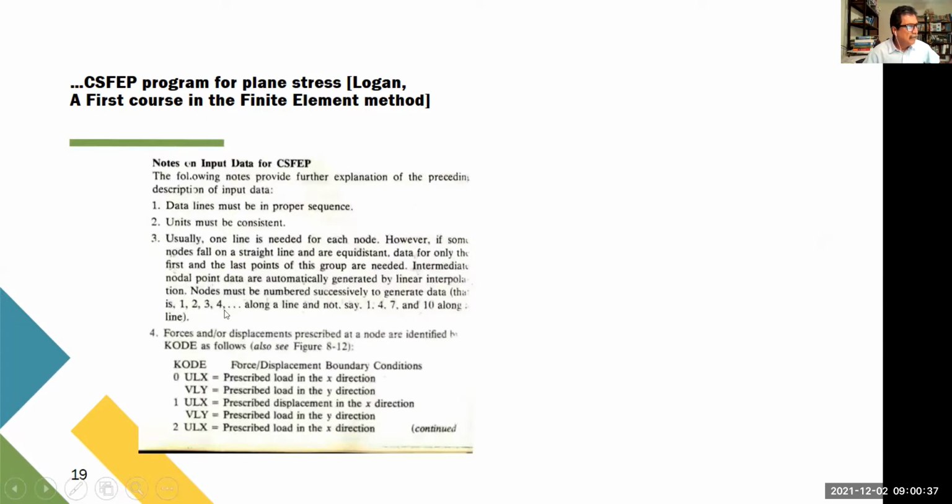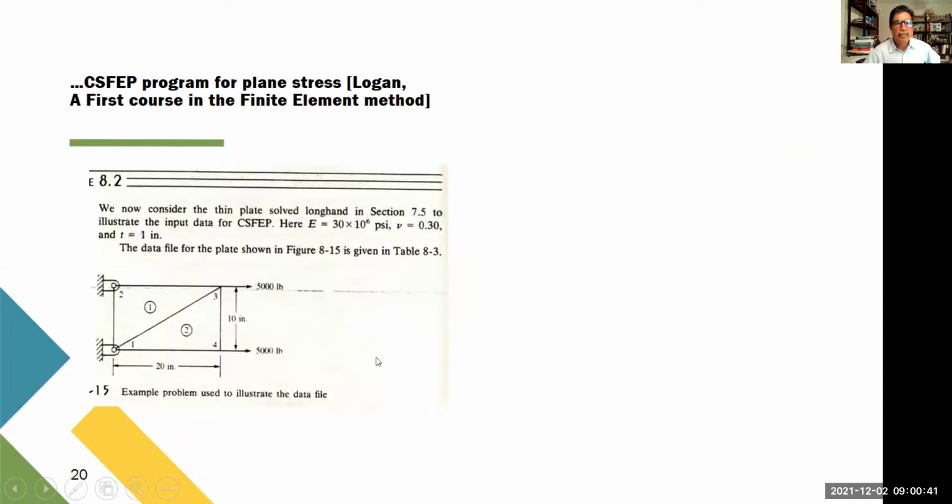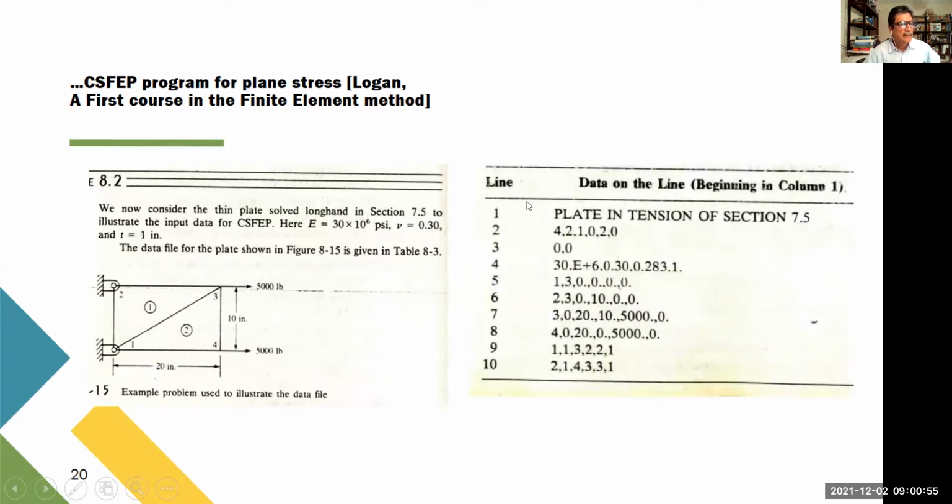And here there's an example. In this case, it's a plate with two forces in the x direction. Here is the data file. You have 10 lines, and you can interpret what this means.